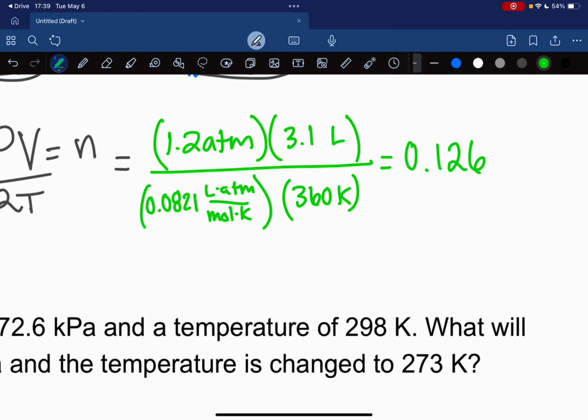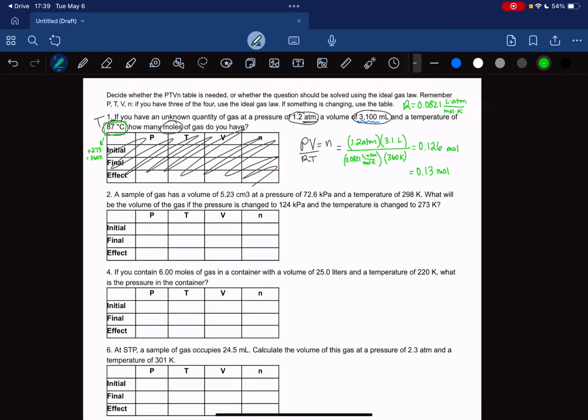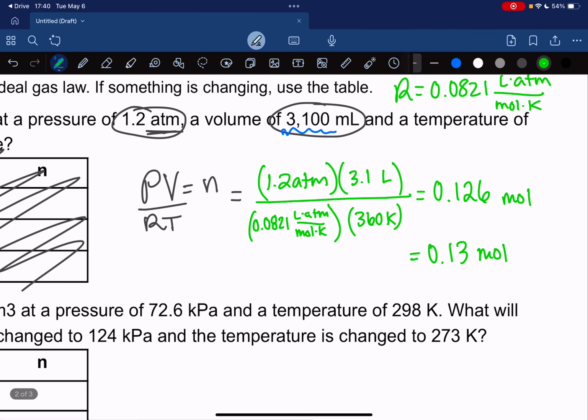All right, 0.126 moles, or 0.13 moles. I don't really care how you round for this. I could be more particular about that, but whatever. We will leave it like that.